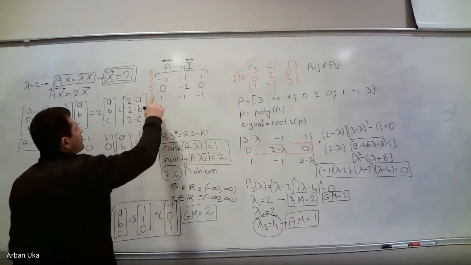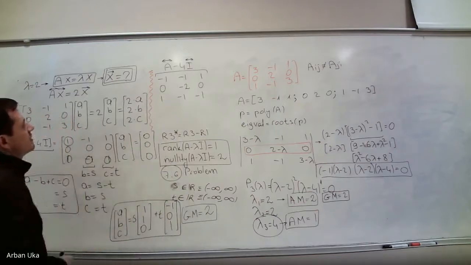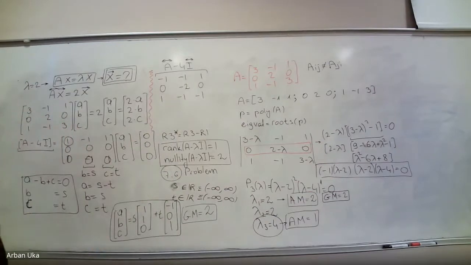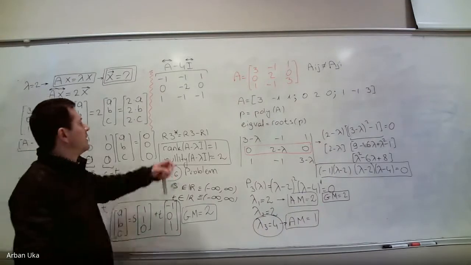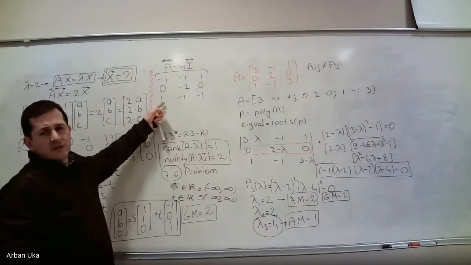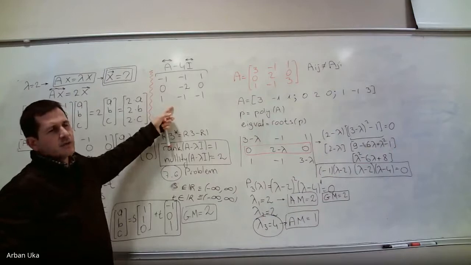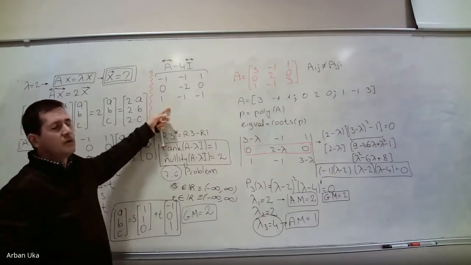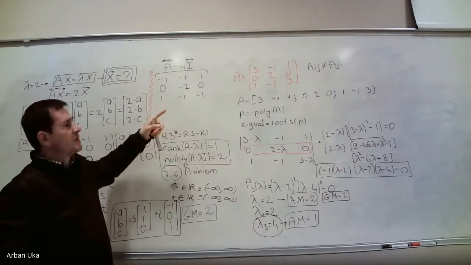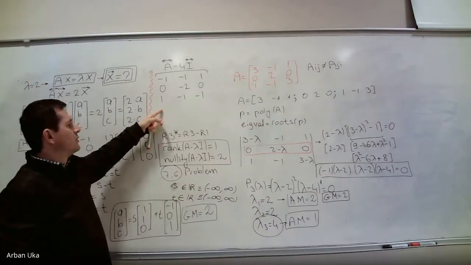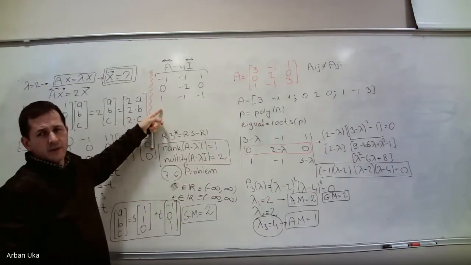We have to get the reduced row echelon form of this matrix, and then for sure the rank cannot be equal to 3, okay? Because we know that the determinant of this one is 0, so the rank should be at least 2. We don't know if it is 1, but if the rank of this one is equal to 2, what will be the nullity? Who can answer this?